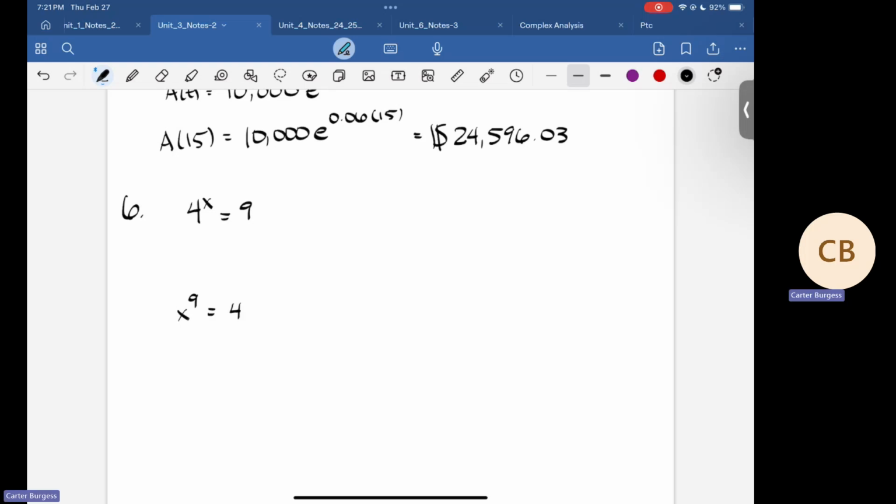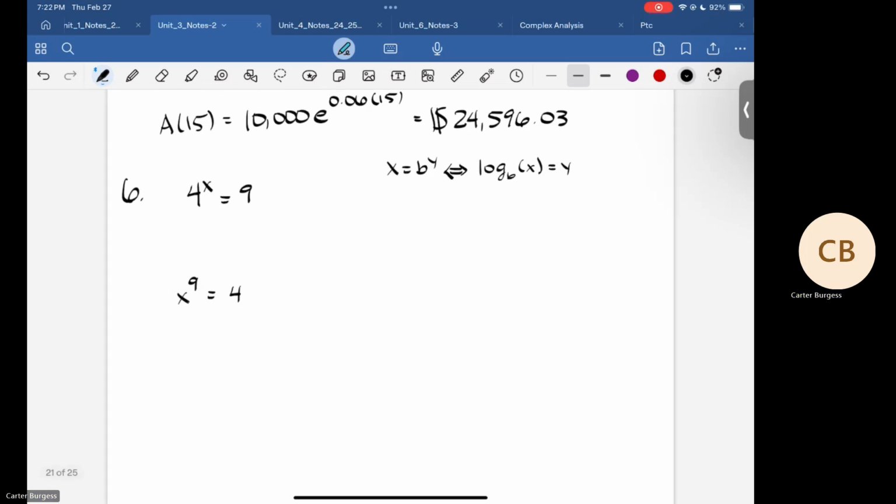So in this case, our definition of logarithms said that if I have x equals b to the power of y, then I can reformat this to say that log base b of x is equal to y. In this case, if we think of base, power, result: for the first one, our base is going to be 4, our exponent is x, and our result is 9.